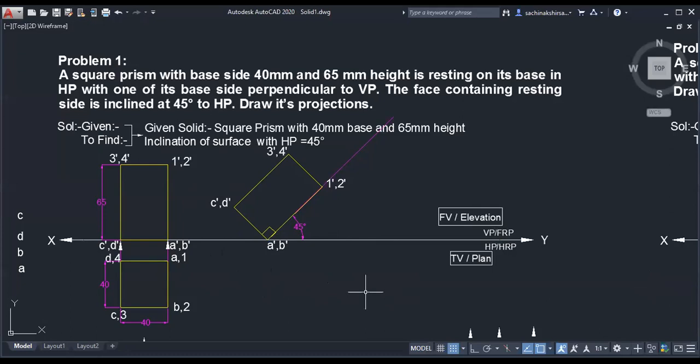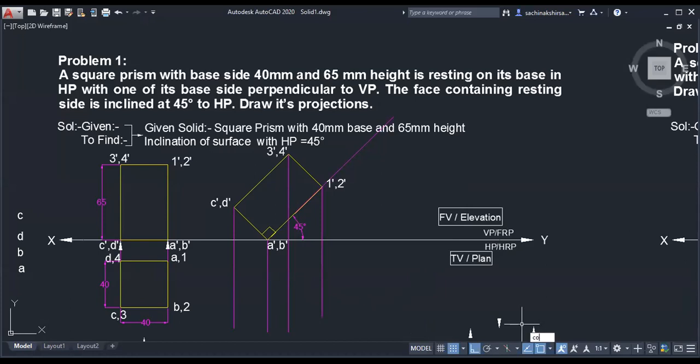Okay. So take the projection lines vertically. How will you take the projection lines vertically? Downward. Vertically downward. Take it in this way. Vertically downward.